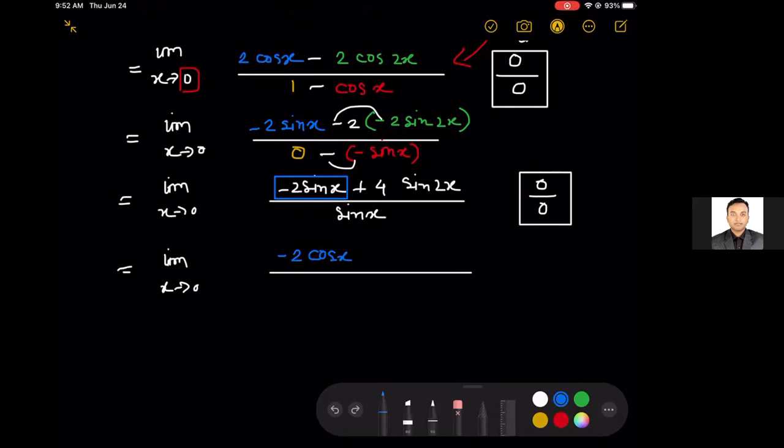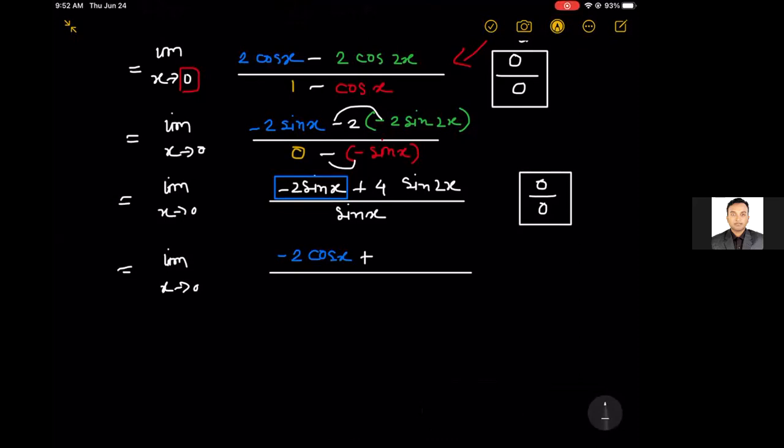Yeah, very good. So the next one is 4 sine 2x. Now what should you do? Again, I'm telling you, you need to do these basic derivatives right. Otherwise, this L'Hopital rule won't take you anywhere.